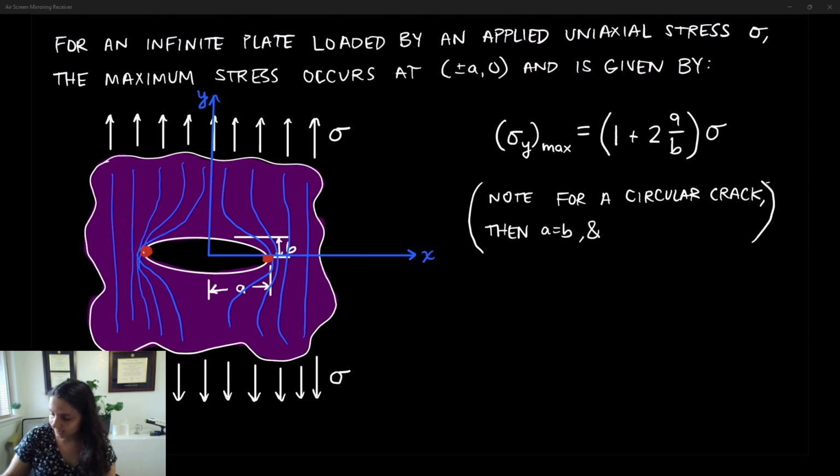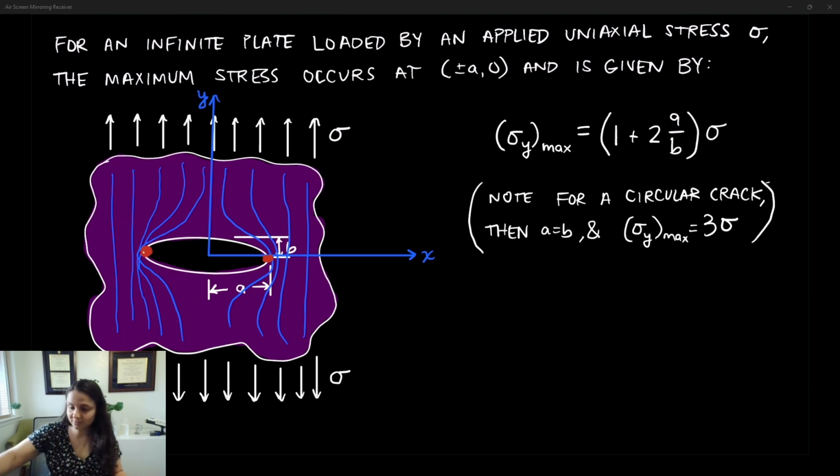So if a is equal to b, then this ratio is going to be equal to 1, and that means that my maximum sigma y is 3 times the nominal. So it's a significant amplification of the stress. And if we have an ellipse, then that amplifies it more. The ratio of a over b is going to be higher because a is going to be greater than b, and so we can get stresses in that corner that are very large.